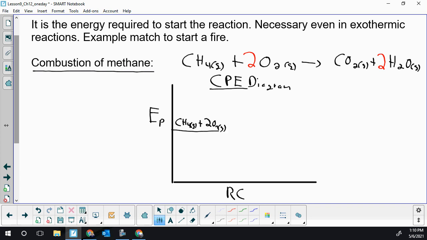Now, I haven't calculated the change in enthalpy for this reaction, but I know it's combustion, so this must be an exothermic reaction with a negative enthalpy change, so my products must be lower than the reactants.